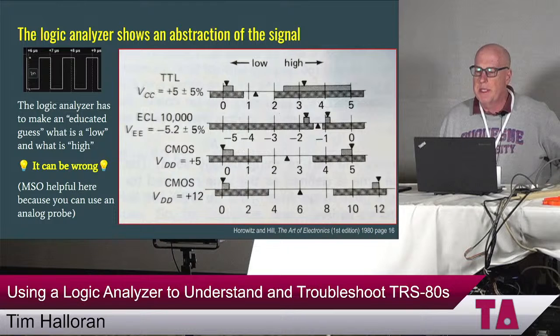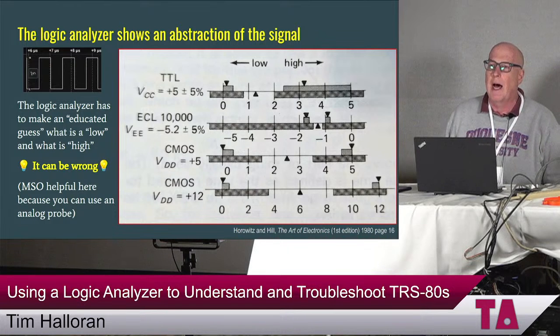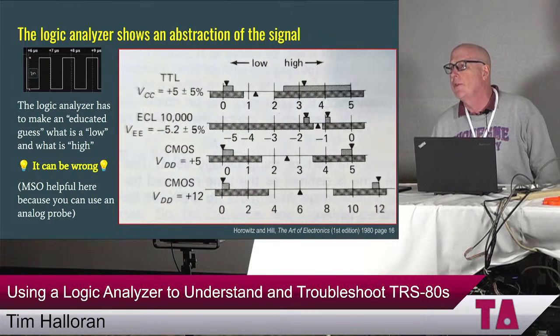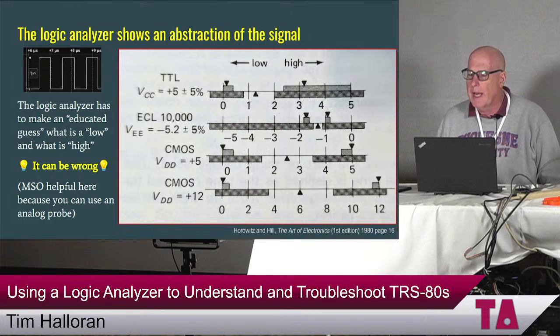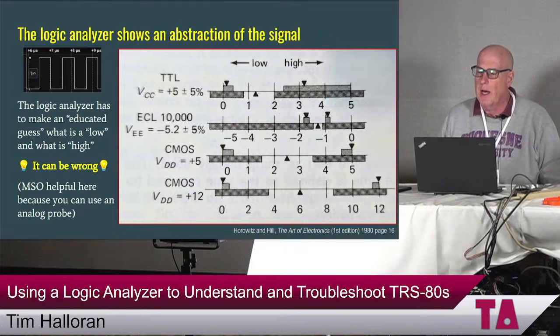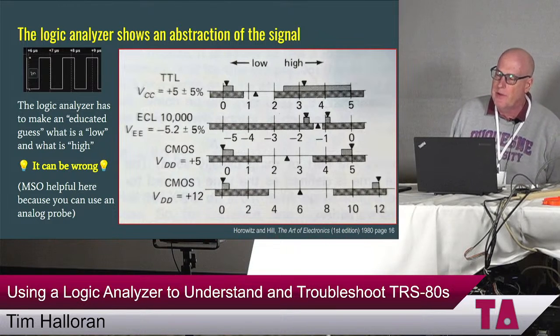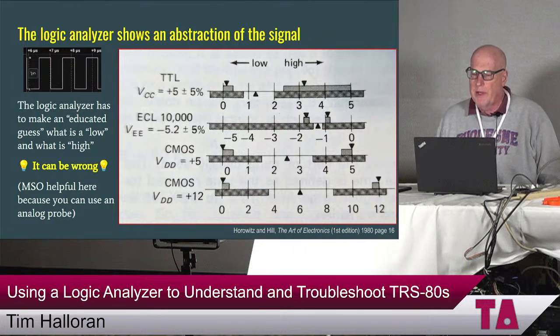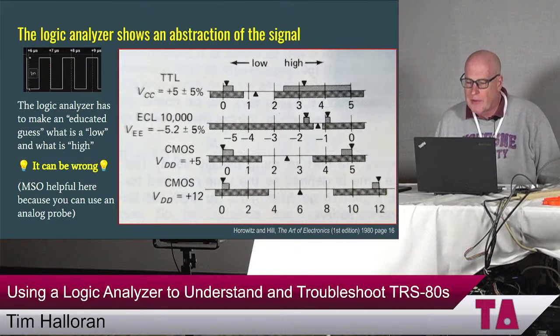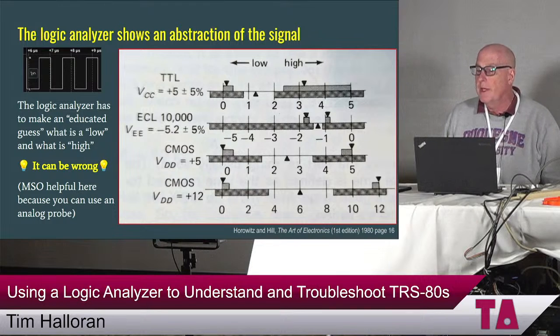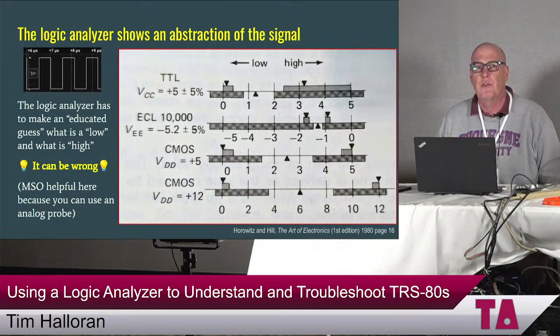We're familiar with TTL, but we think of it as 0 volts is low and 5 volts is high, and that's not really what's going on. This shows the low and high ranges and where the middle is. We can see it for ECL, and CMOS actually looks a little more like we would expect. TTL is a little odd because you say, oh, high is like 3.2 volts. That's interesting.